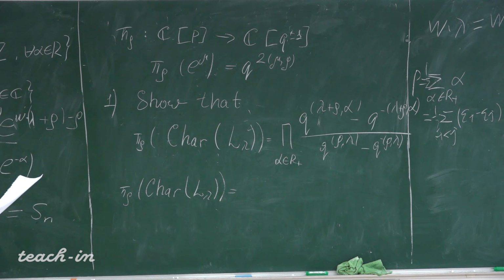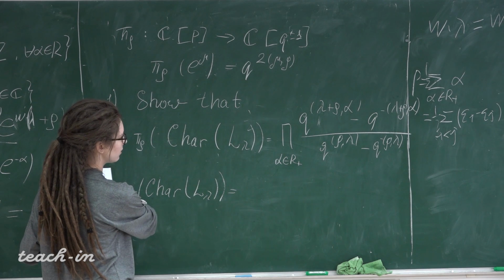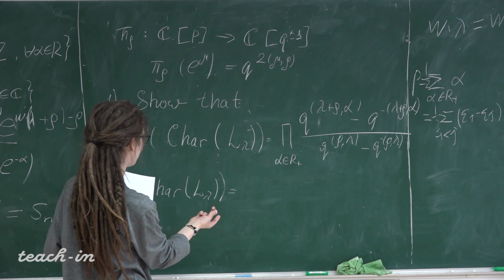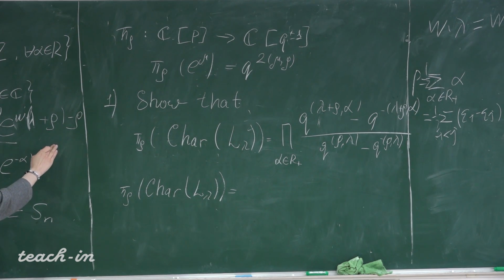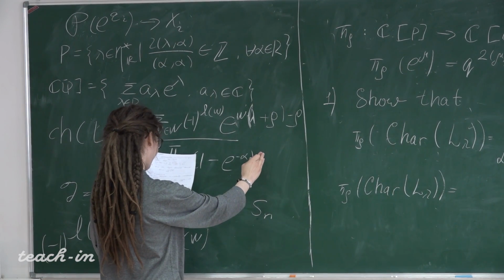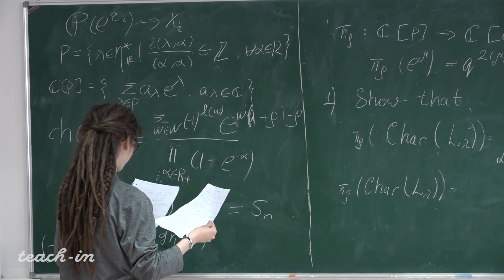So no dot and like this, right? So our homomorphism will affect this part, and with this I actually don't know what to do.